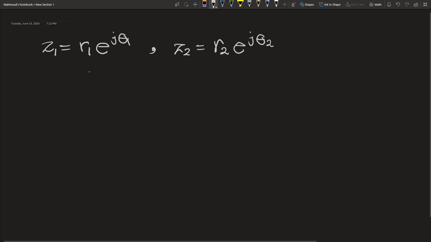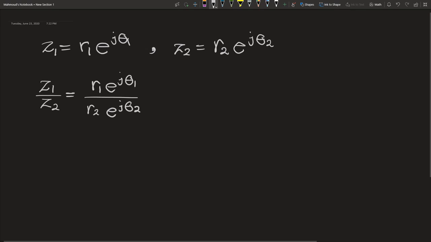Now if we try to divide these two numbers, z1 divided by z2, this is just equal to r1 e to the power j theta 1 divided by r2 e to the power j theta 2.